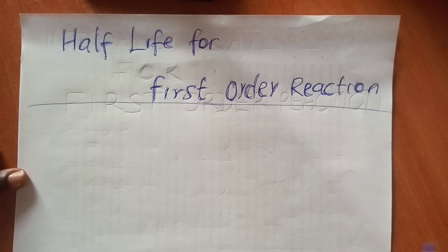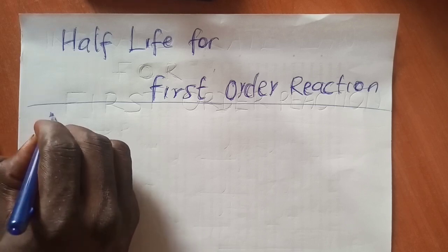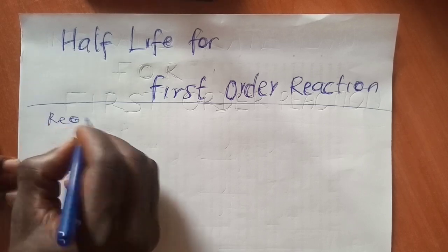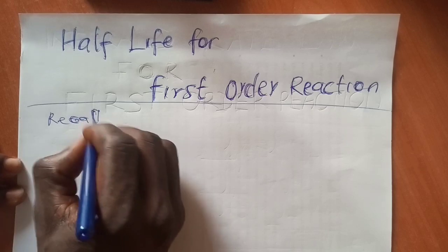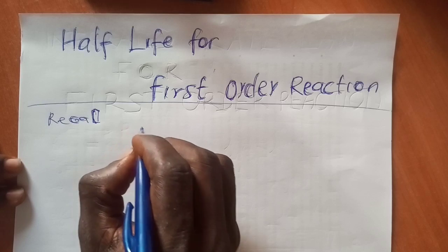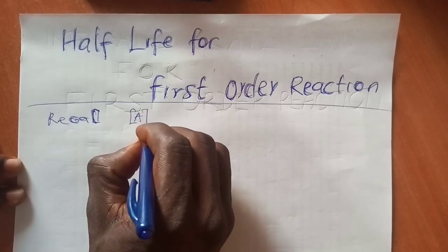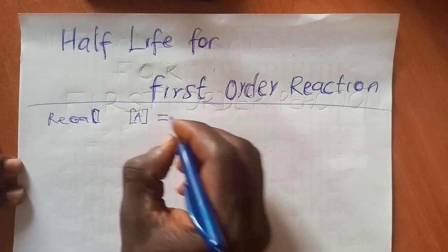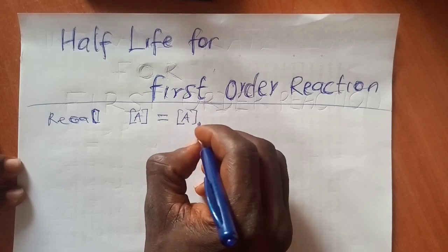Okay, so let us recall, please note what I am doing here. Recall the integrated rate law. What are we recalling? Recalling the integrated rate law for first order reaction. Here I'm using this because this is what you can use to generate the half-life for first order.